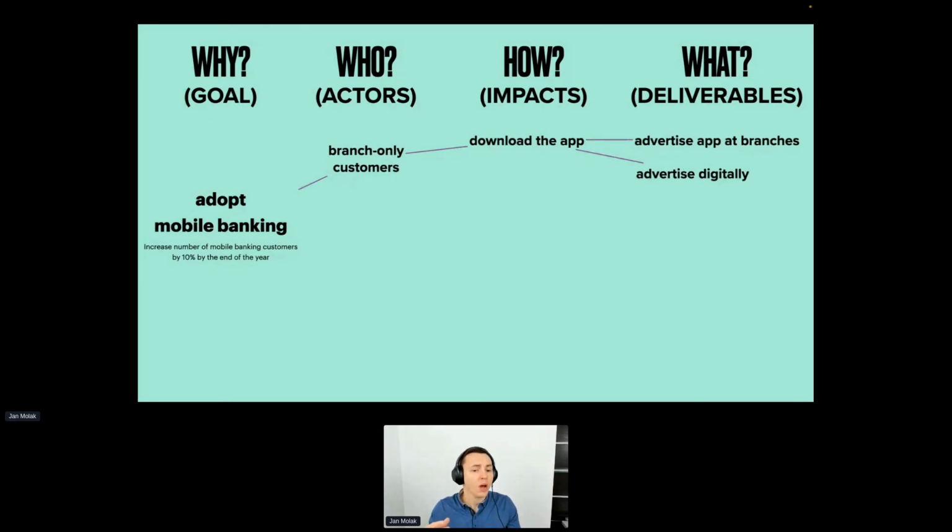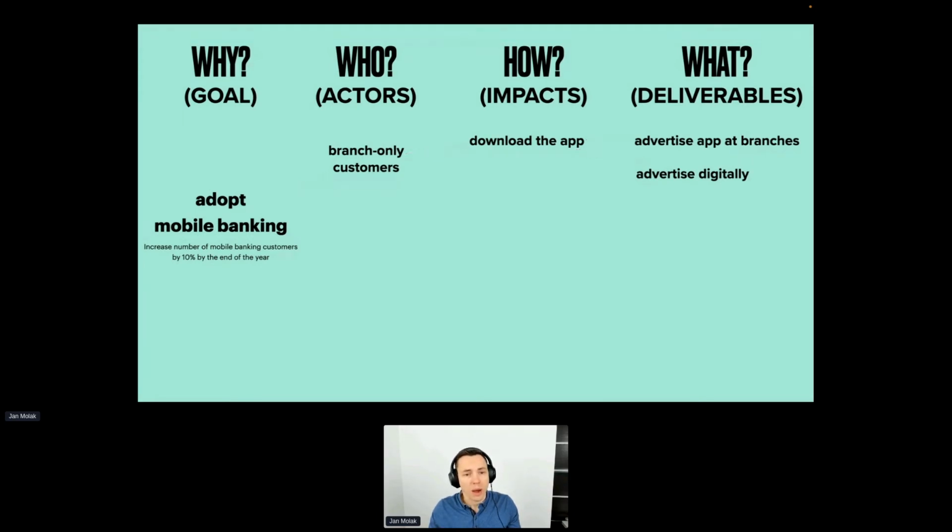For example, if we see that digital ads fail to move the needle and help transform our branch-only customers into mobile banking adepts, we might decide to invest more in posters, or the other way around. Or try something completely different, like training in-branch staff to help install our app for our customers on their phones.